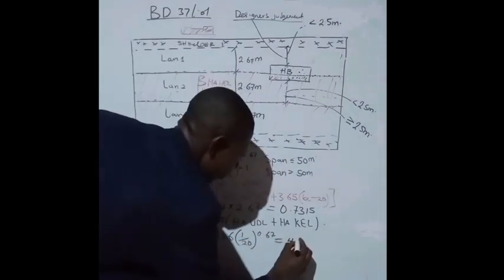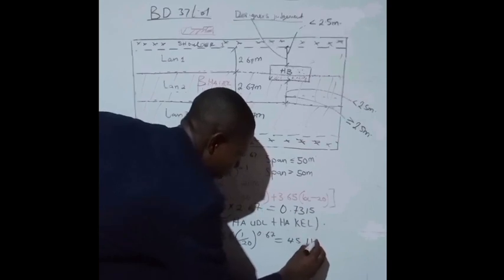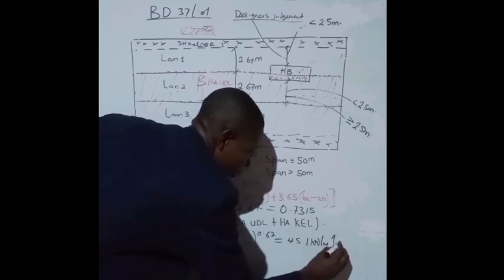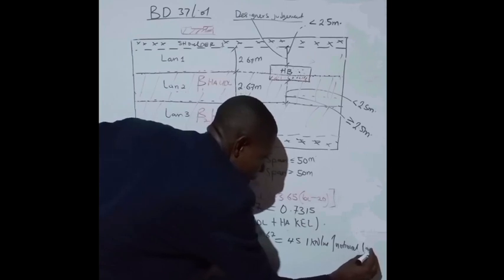We'll have 45.1 kilonewton meter per national length.